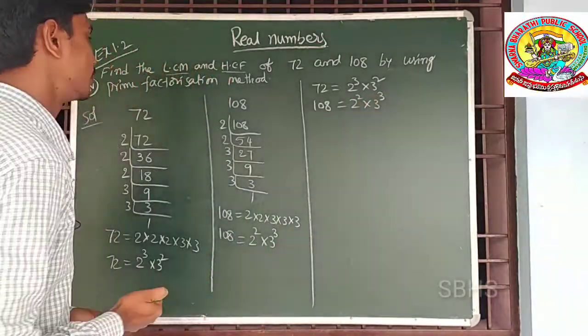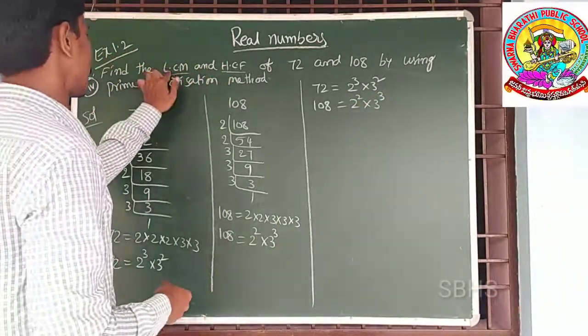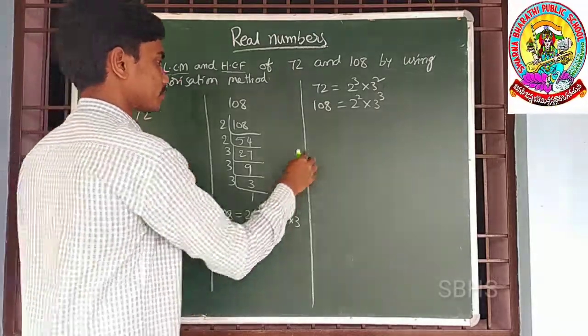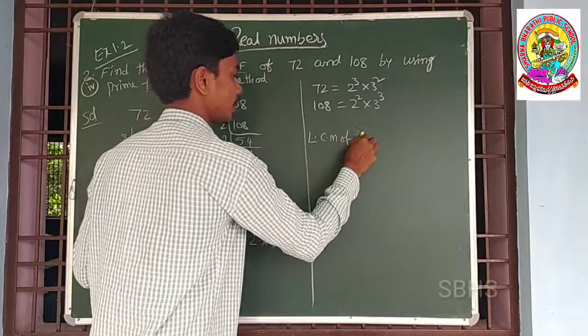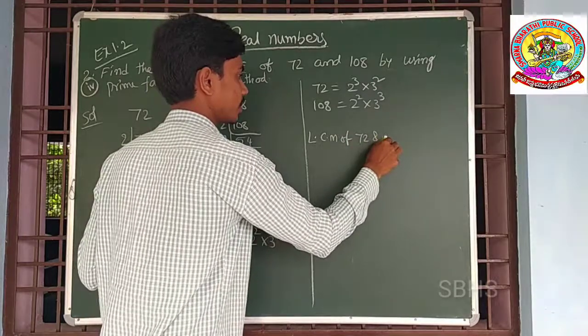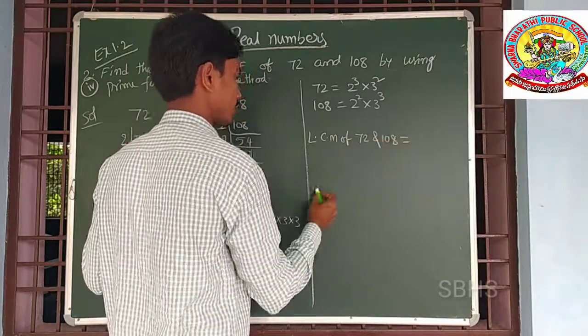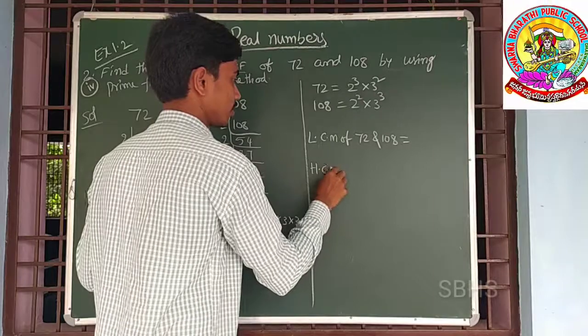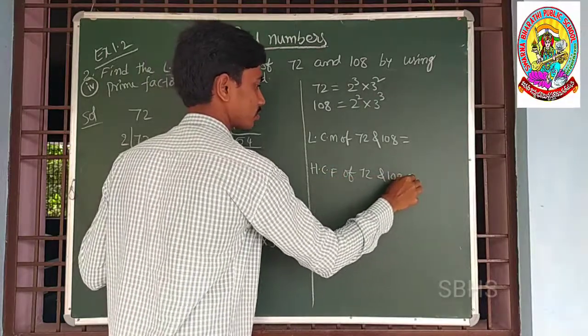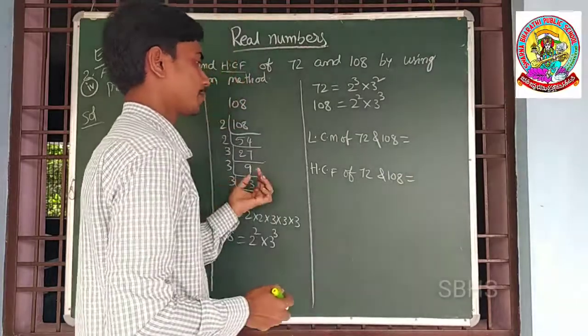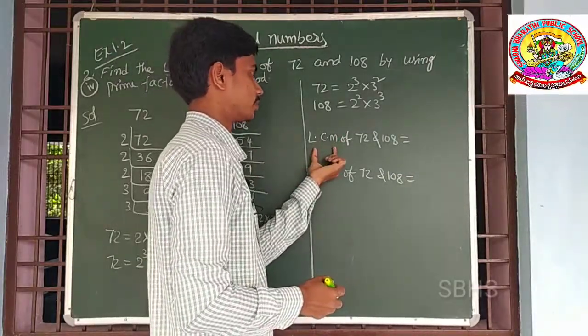So by using this prime factorization, how can we determine the LCM? For the LCM of 72 and 108, and the HCF of 72 and 108, observe carefully. How to determine the LCM?